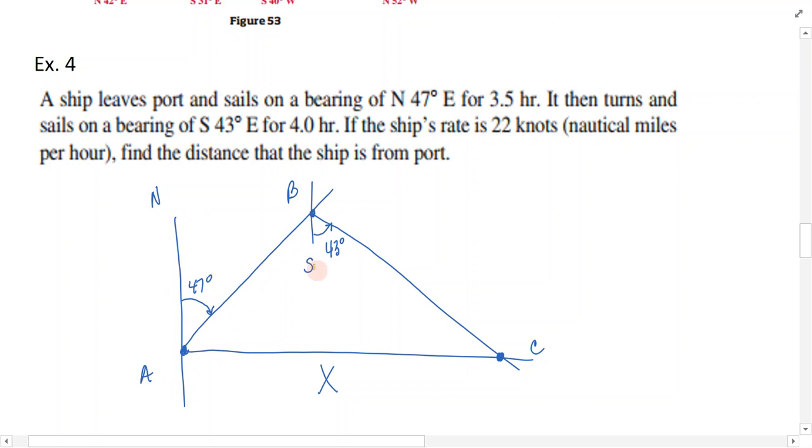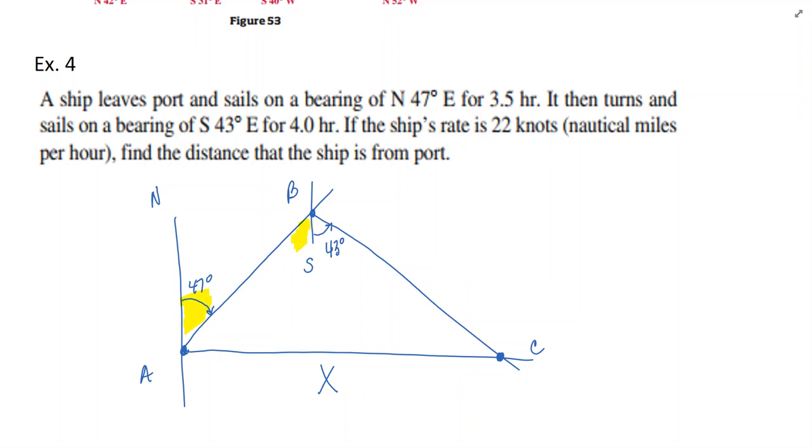So I have this line passing through B, this line passing through A, which would be parallel to each other, and they are cut by a transversal. And if they are cut by the transversal, then the interior angle here of 47 degrees would be the same angle here of 47 degrees.